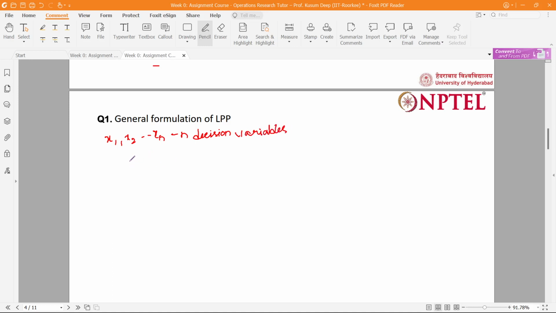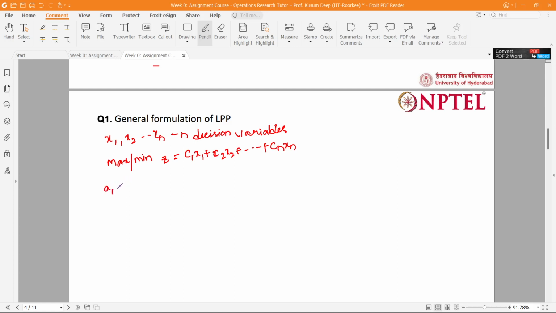We find the values of the decision variables to minimize or maximize the linear function, that is the objective function, which is of maximization or minimization type, and write it in the form of a linear function, where x1, x2, xn are the decision variables, so that the function z is called an optimization function, of maximizing or minimization type, subject to the constraints.